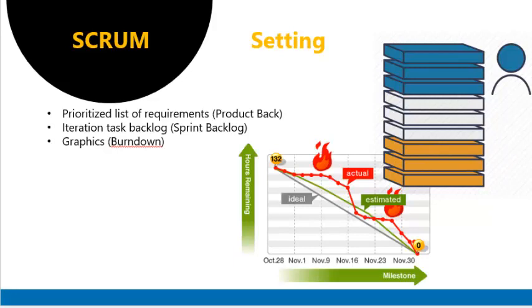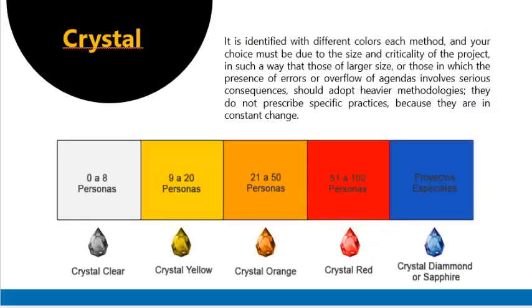Scrum uses a product backlog or prioritized list of requirements, sprint backlog, and graphics.